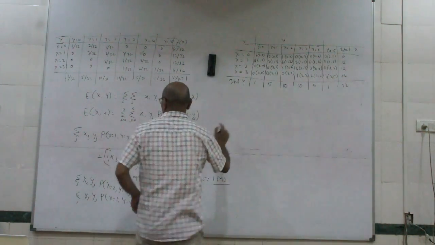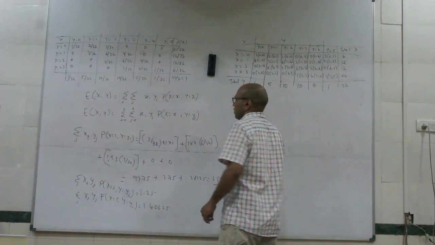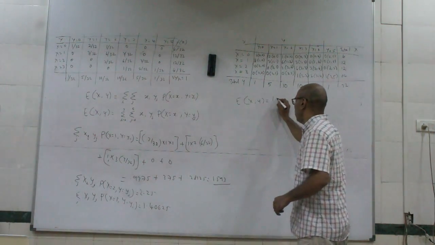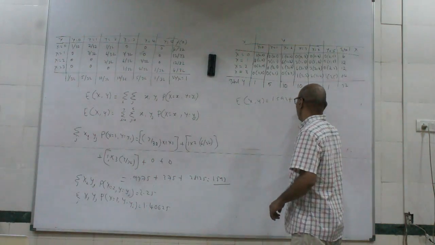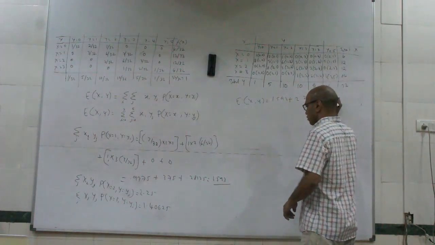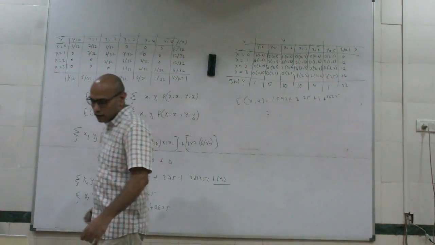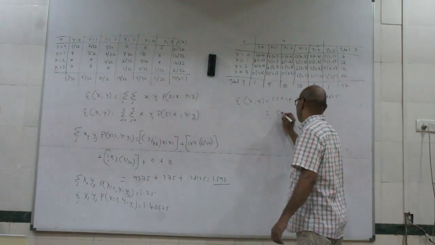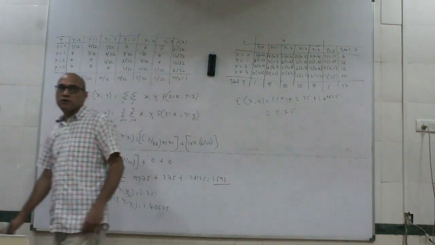Okay, so if I want the expectation of xy, this would be 1.593 plus 2.25 plus 1.40625, which is equal to 5.25.